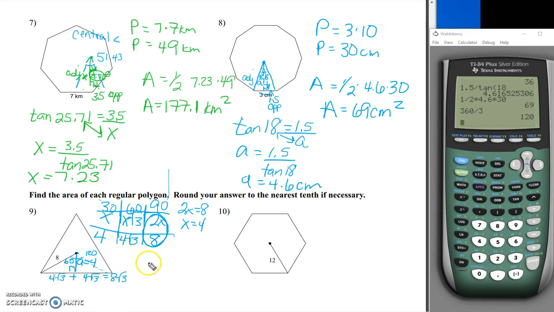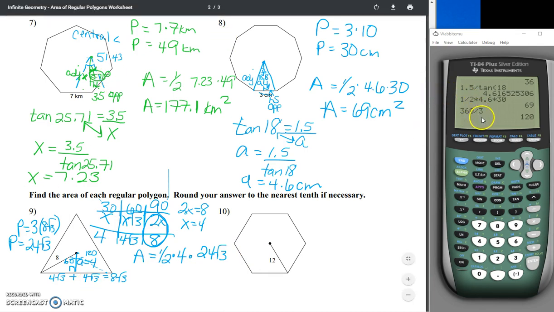To find the area, I have 1/2 the apothem, which I now know is 4, times the perimeter. Okay, well, my perimeter is going to be 3 times 8 square root of 3. So my perimeter is going to be 24 square root of 3. And then I'm going to type that in my calculator.